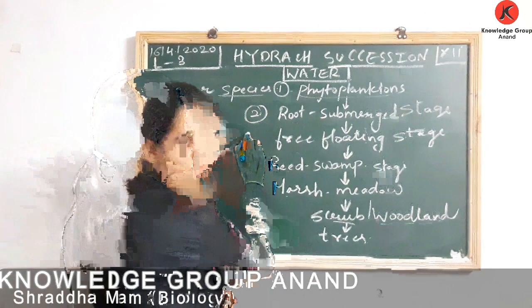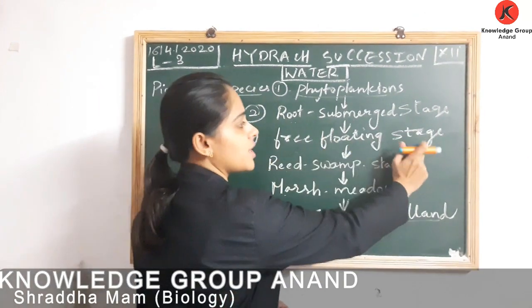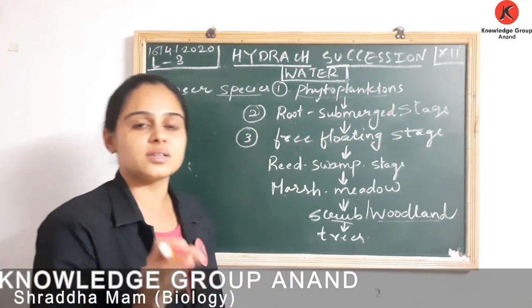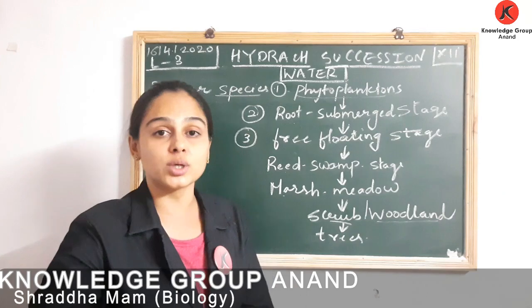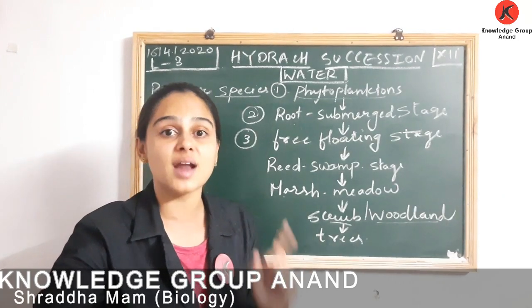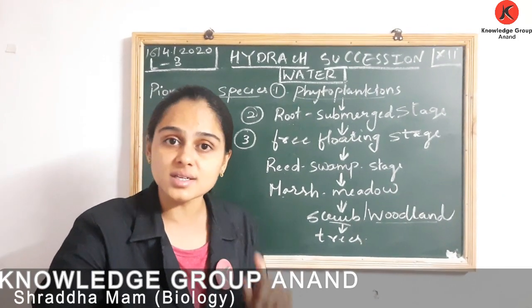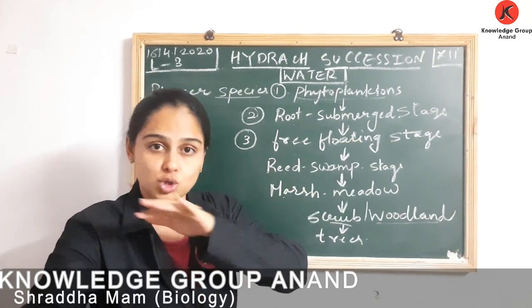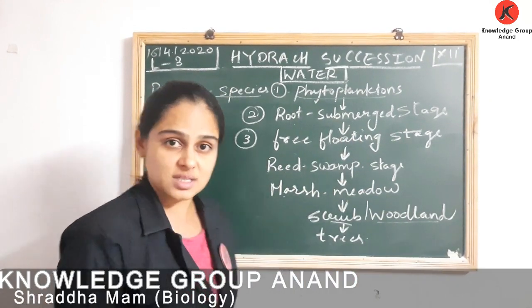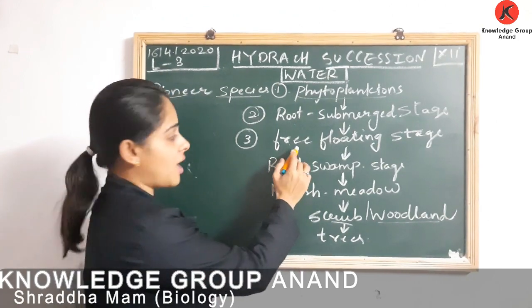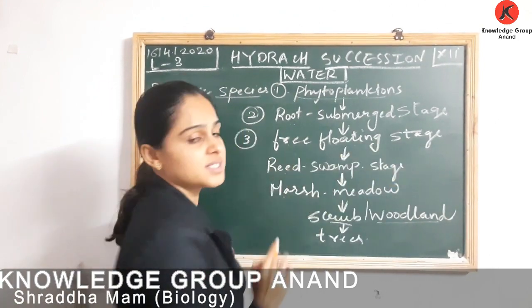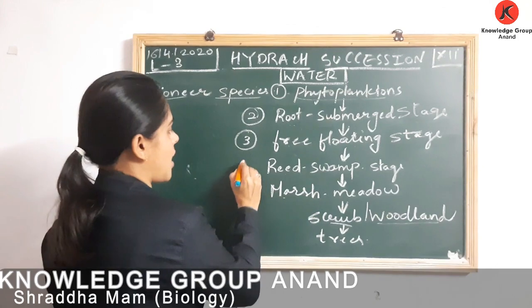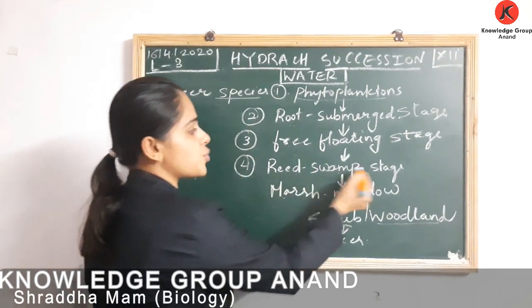Your next is the free floating stage, again here there is presence of rooted hydrophytes which have large leaves, and these leaves float on the surface. Floats on the surface. Okay, इसकी वजह से ये स्टेज को क्या कहा जाता है? Free floating stage.